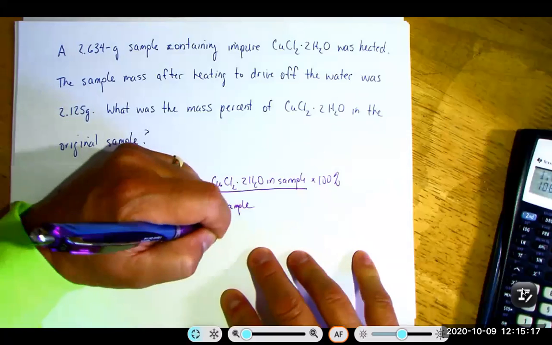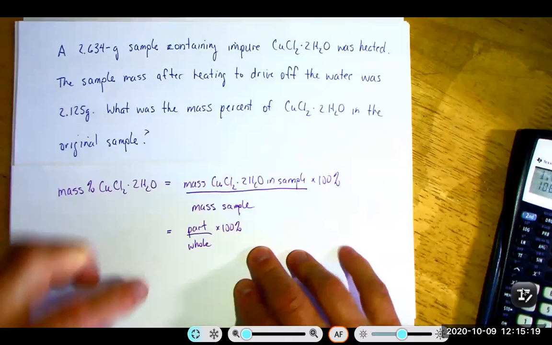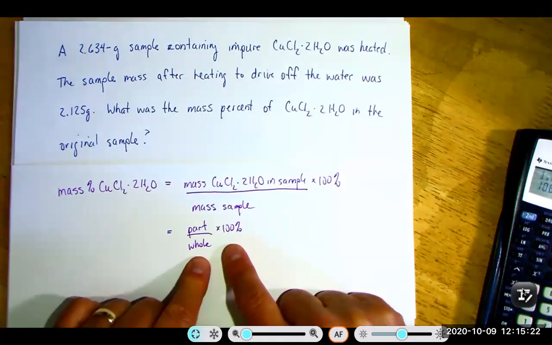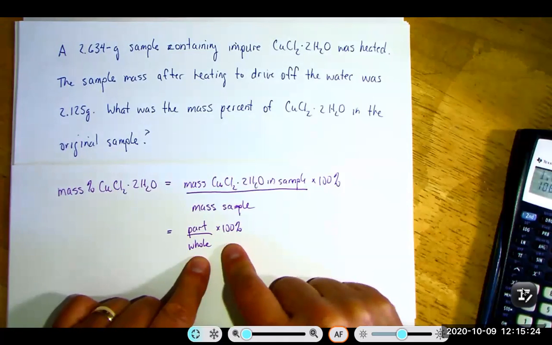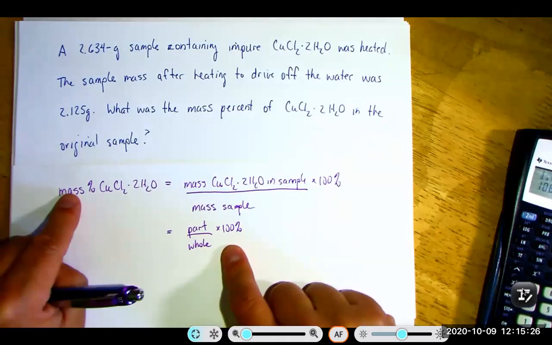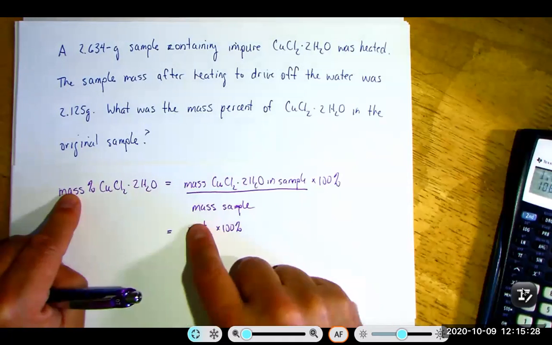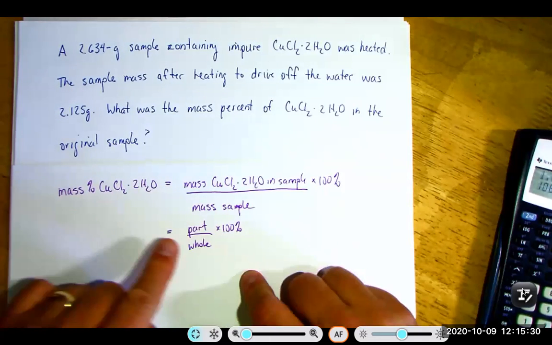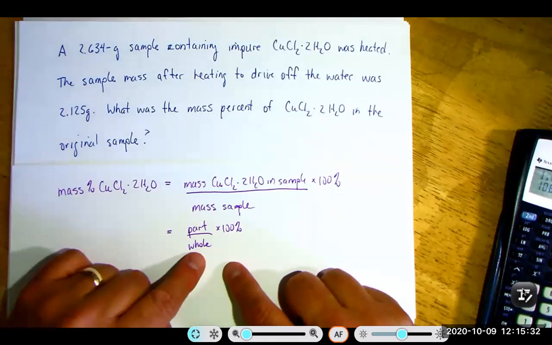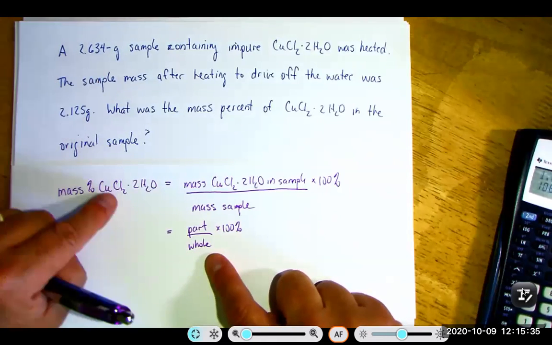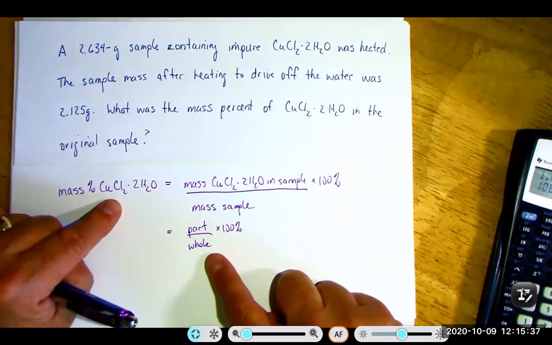This is the most general formula you can have for percent. Now, since we're talking about mass percent, we're talking about the mass of one thing over the mass of the other. And in this case, the sample is the whole, and the copper 2 chloride dihydrate is the part.